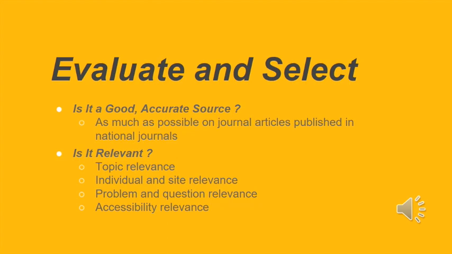This relates to my first point, because the quality of the literature can be seen from where it is from, and we're going to talk about it at the end. The relevancy of the literature can be checked by seeing whether the topic, the problem, the questions, and the accessibility are relevant to the topic we're going to work on.